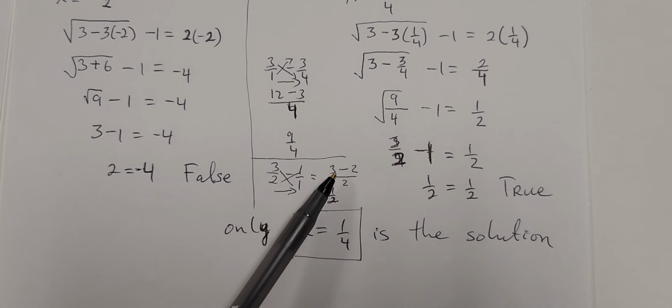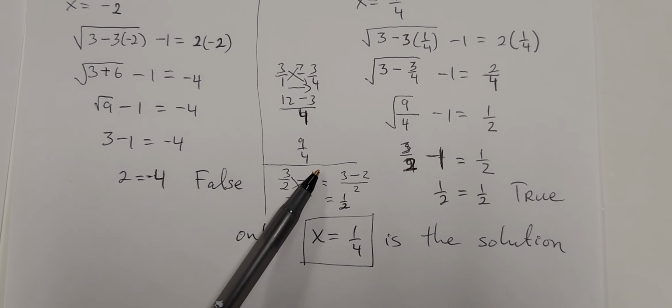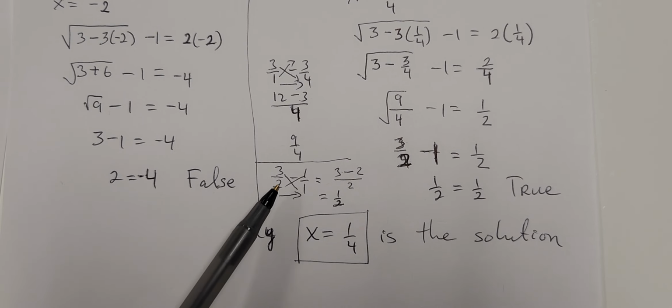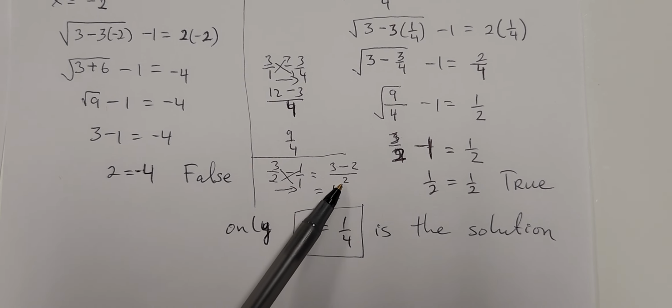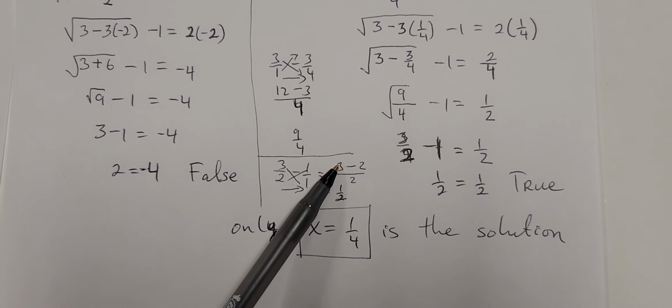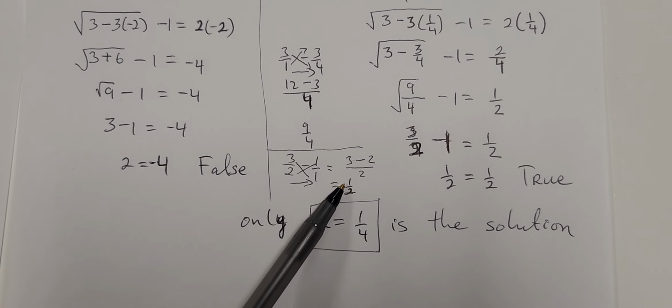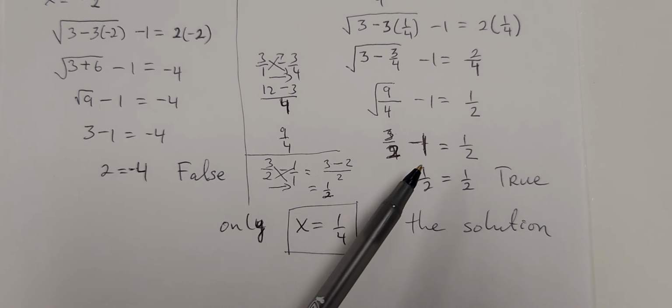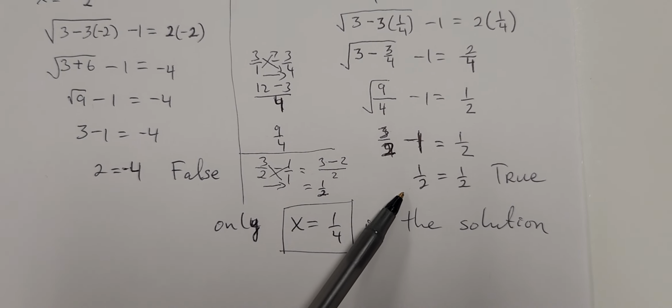Don't forget the minus. And then on the right side, 1 times 2 gives me this 2. Under, 2 times 1 gives me 2. Now just subtract the top only. 3 subtract 2 gives me this 1. So 1 over 2. So 3 over 2 subtract 1 is 1 over 2.